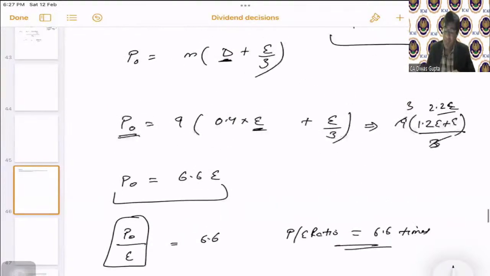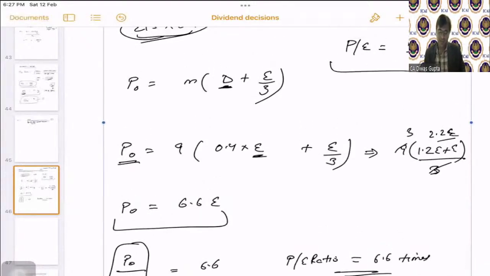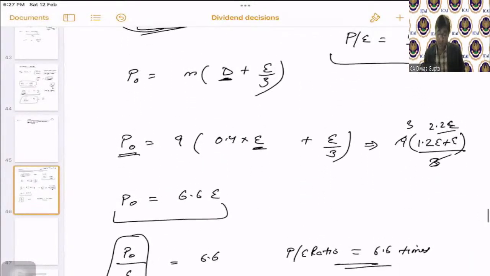Students, please note PE ratio is a very, very important factor while we analyze any company on its earnings and the market perspective. So PE gives a very good analysis because if it is higher, that means the market values that company higher.